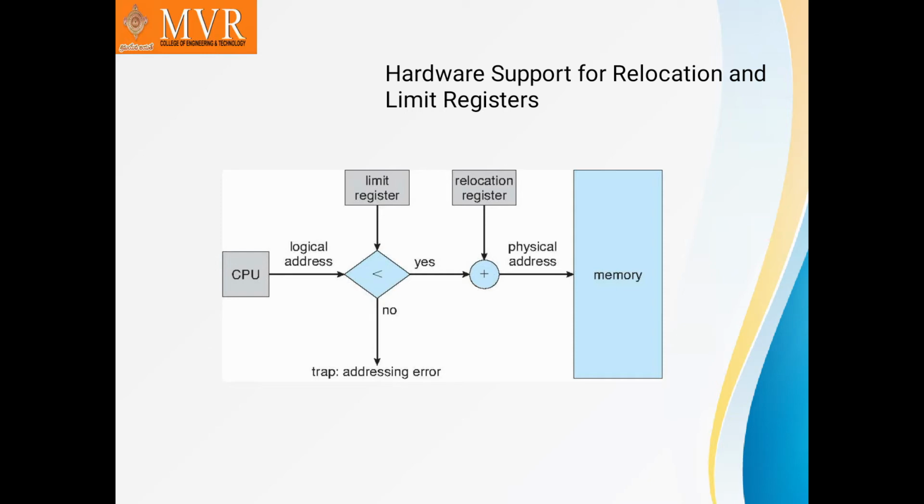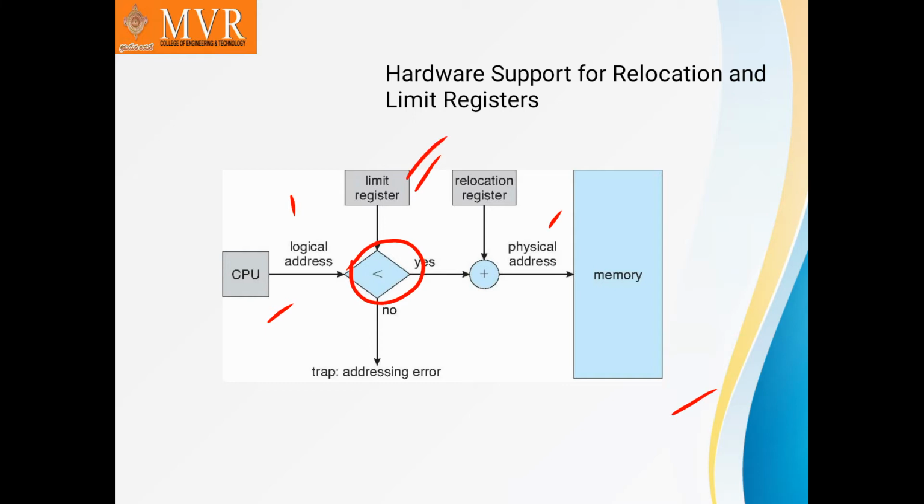See this picture, it is the hardware support for relocation and limit registers. See here it has the CPU and memory. The data will be transferred between CPU and memory by using the logical address and physical address. The CPU transmits the logical address, and the condition is checked: whether it is less than the limit register or not.